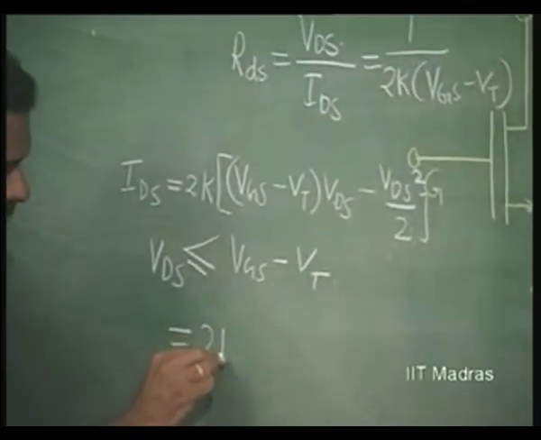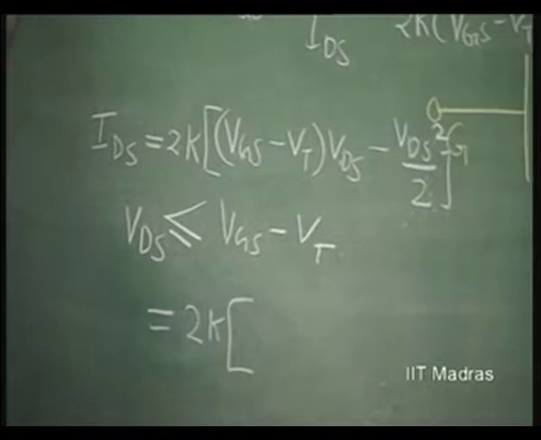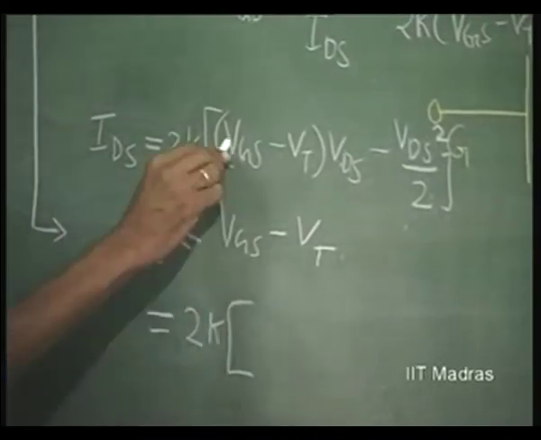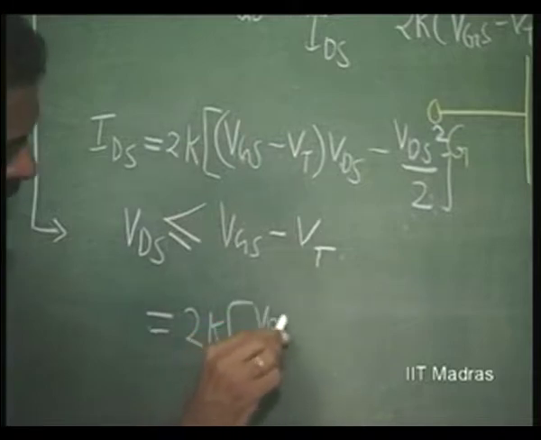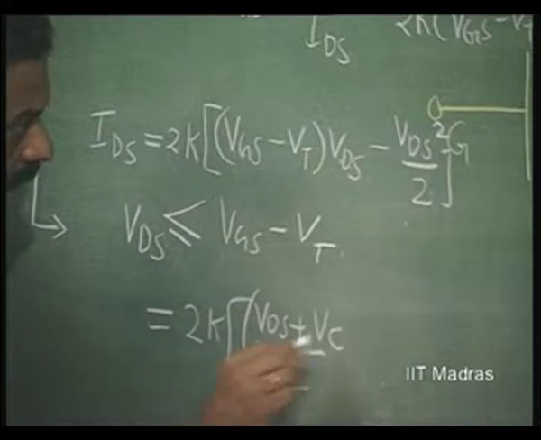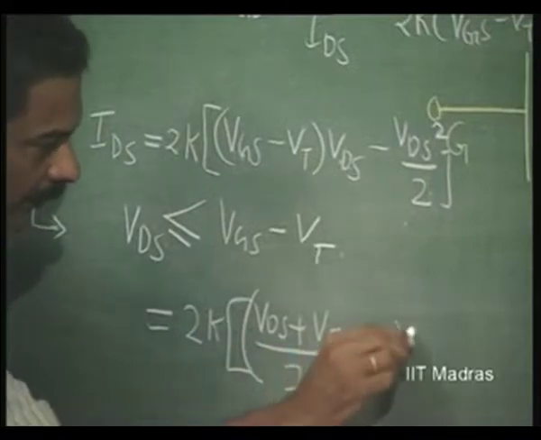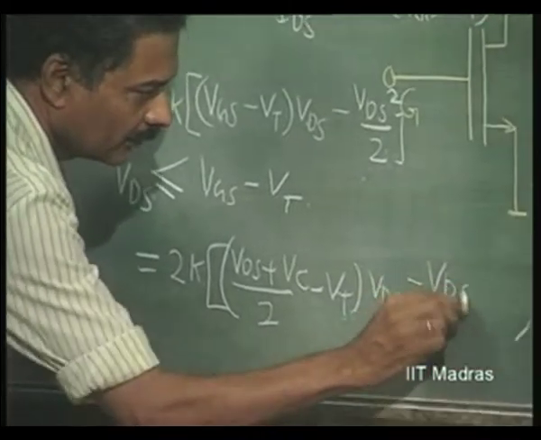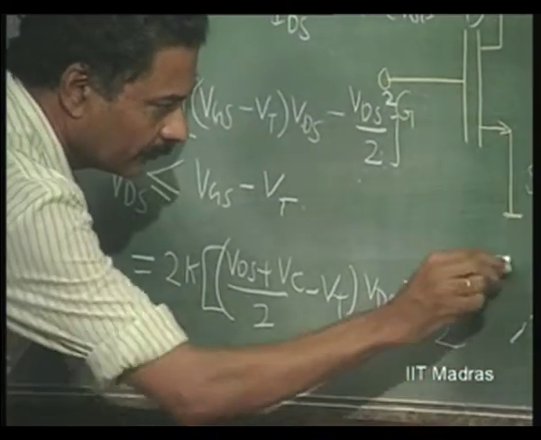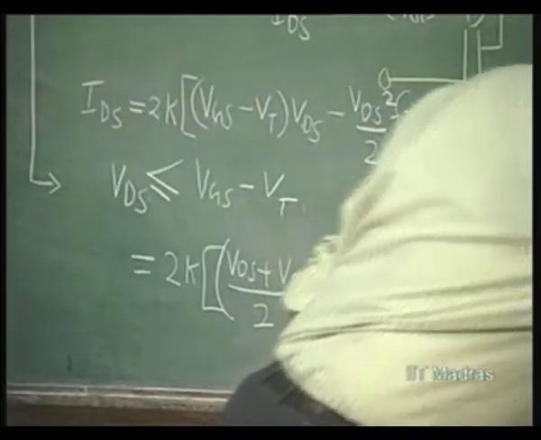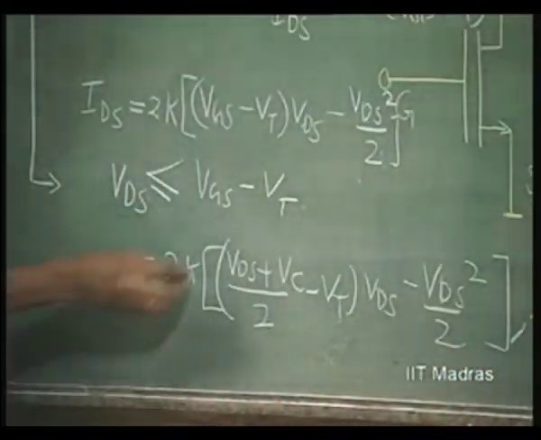This becomes 2K into (VDS by 2 plus VC by 2 minus VT) into VDS, minus VDS squared by 2. Now, what happens here?